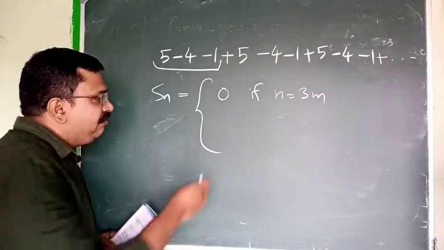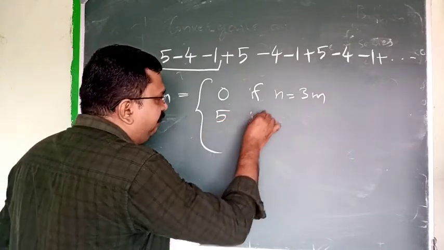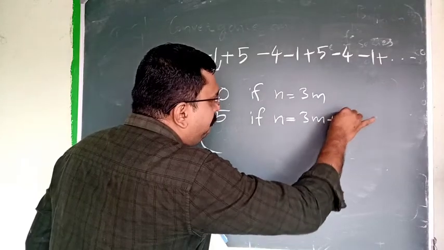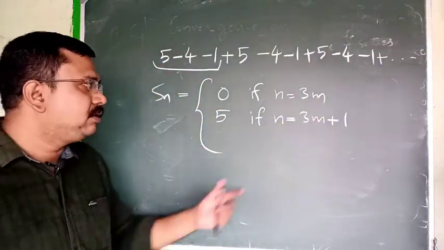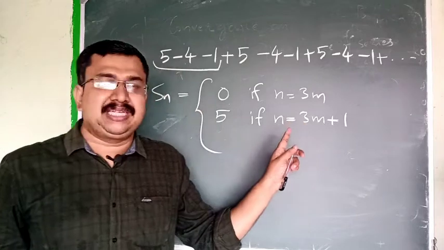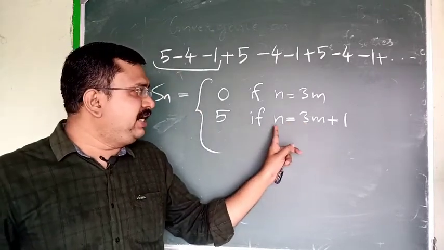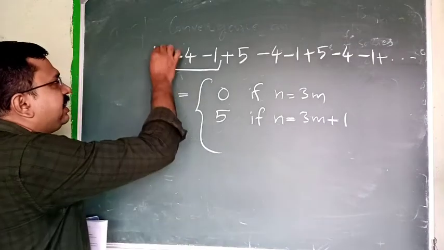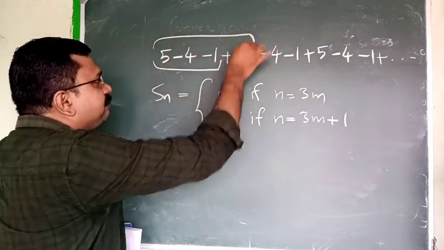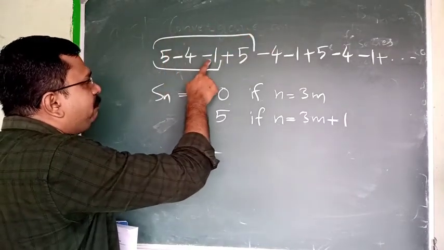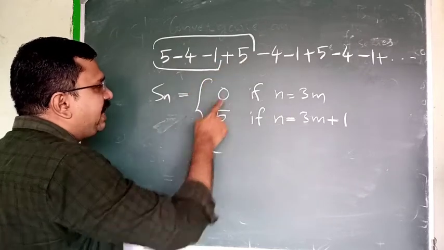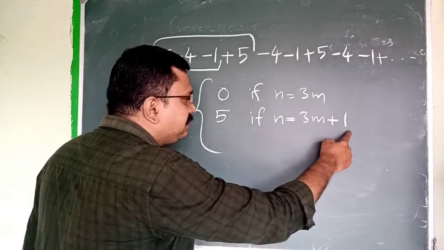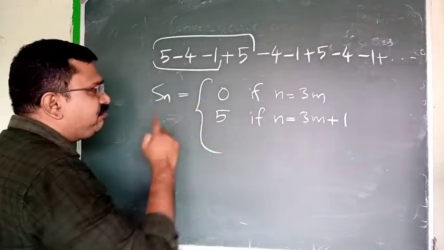And Sn is 5 if n equal to 3m plus 1. For example, if m equal to 1, then n equal to 4. If we consider the 4 terms, 5 minus 4 minus 1 plus 5, the answer is 5. Therefore, if n equal to 3m plus 1, then the sum is 5.